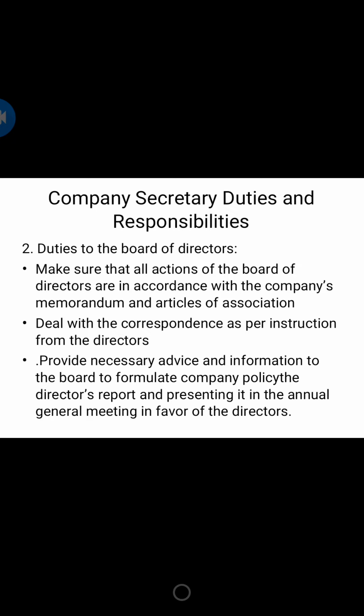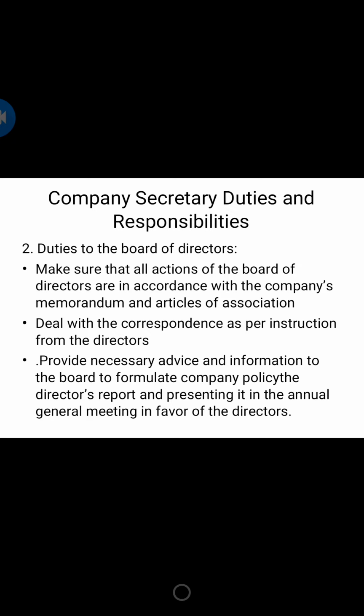And here the secretary is going to see whether the board of directors, who are the agents of the shareholders, are acting as per the memorandum of association or not. And then the articles of association. So what is this articles of association? It is also a document, right? The document which is next to your memorandum of association, we call it articles of association.